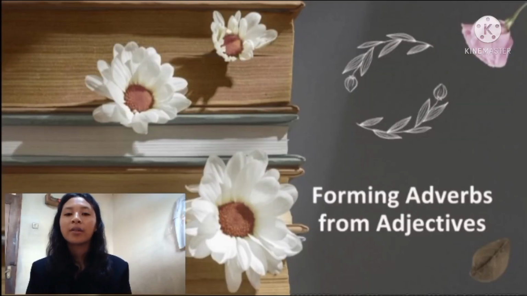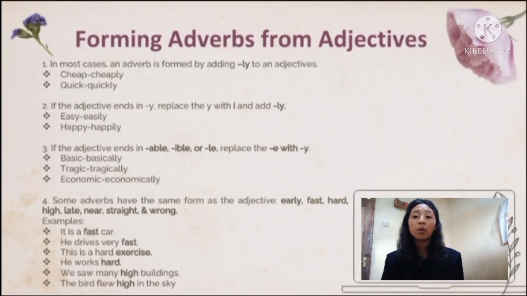Well, the next material is forming adverbs from adjectives. In most cases, an adverb is formed by adding -ly to an adjective. For example, cheap to cheaply and quick to quickly. The second form is, if the adjective ends in y, replace the y with i and add -ly.